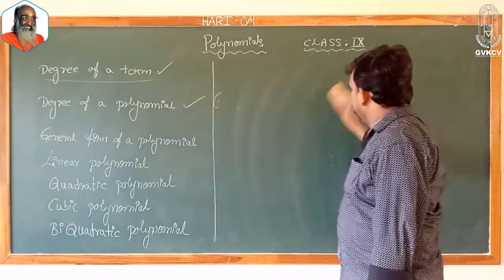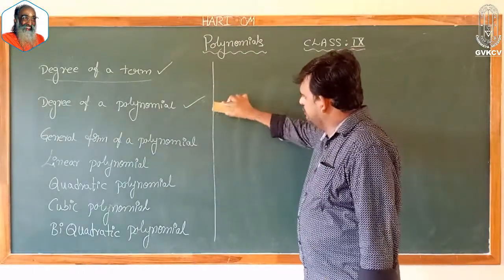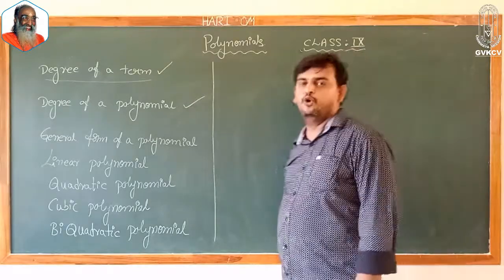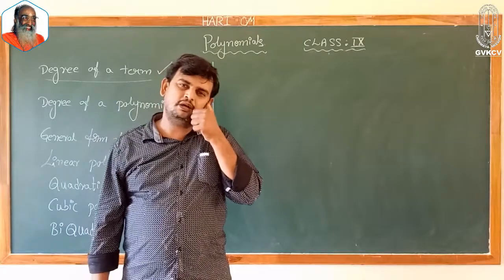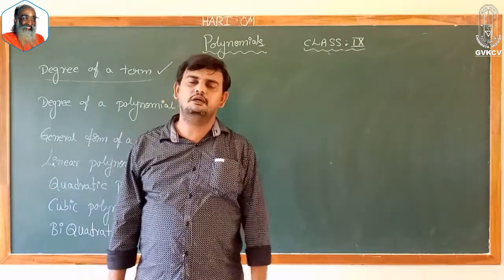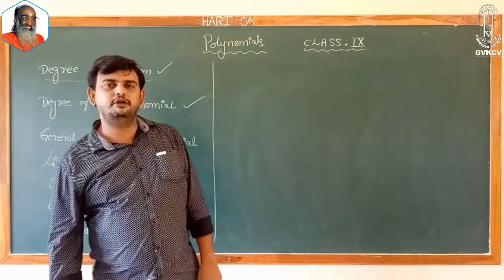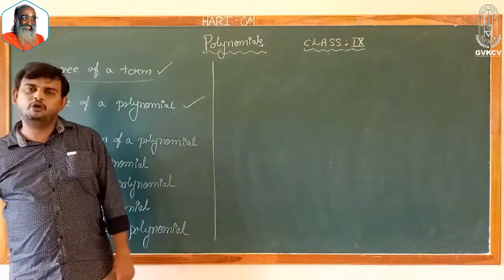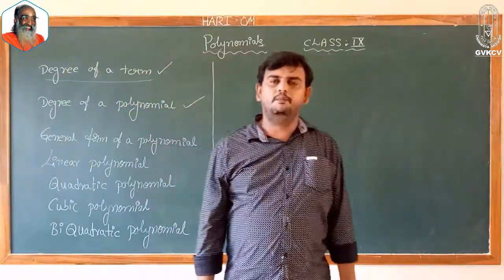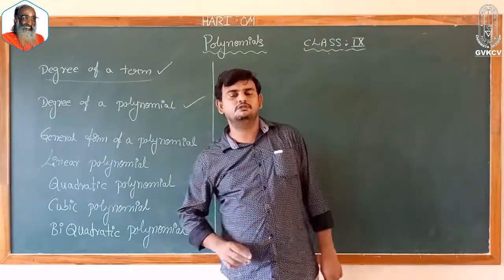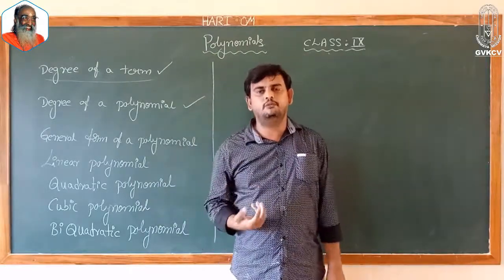We discussed different polynomials. They are monomial, binomial, trinomial, multinomial, all these are based on the number of terms. If a polynomial has only one term, we call it a monomial. A polynomial having two terms is called a binomial.